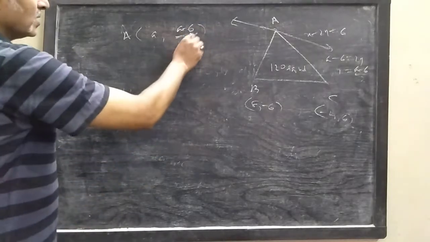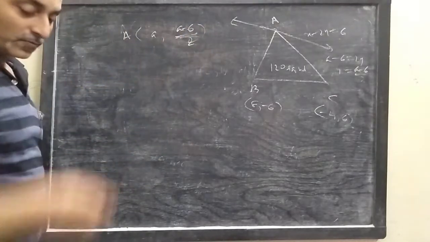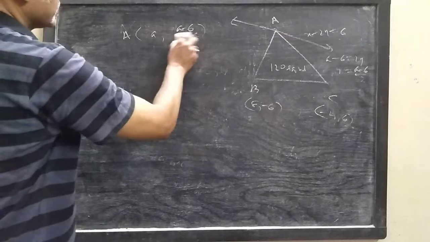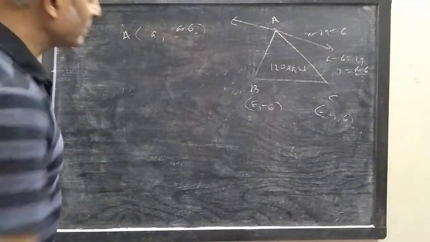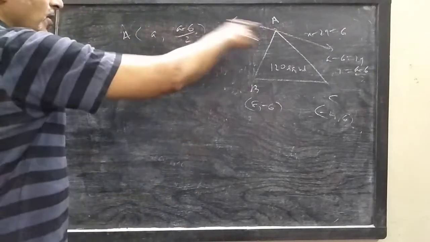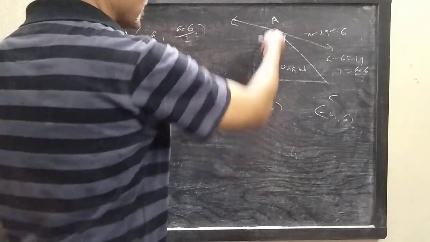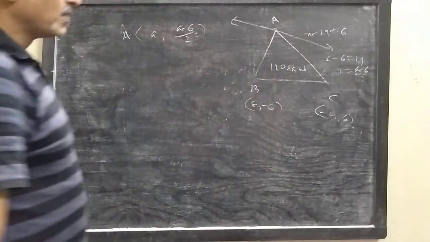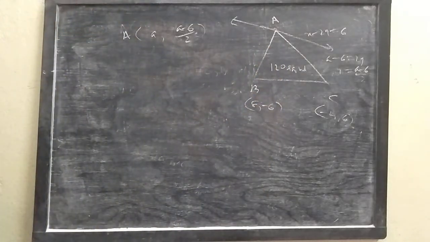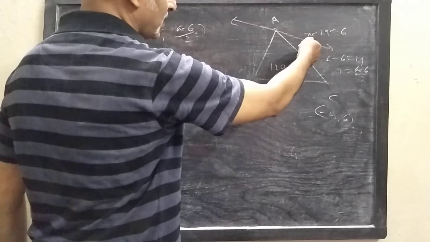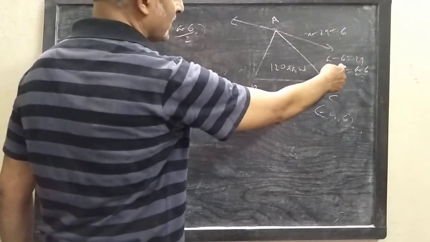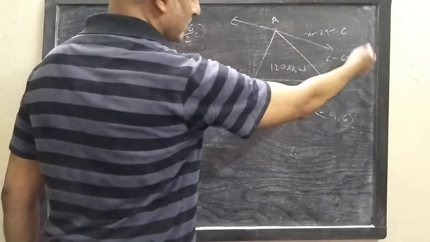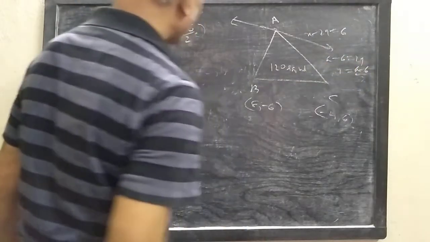This is called the parametric form of a point lying on a straight line. Any point on this line can be taken in this way. So we consider this point as the vertex A.